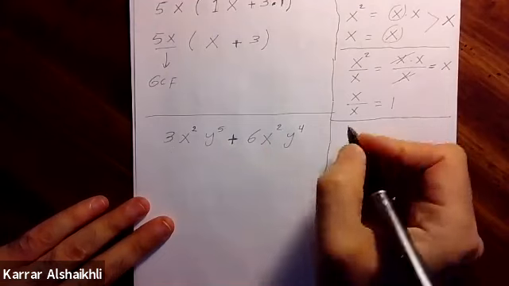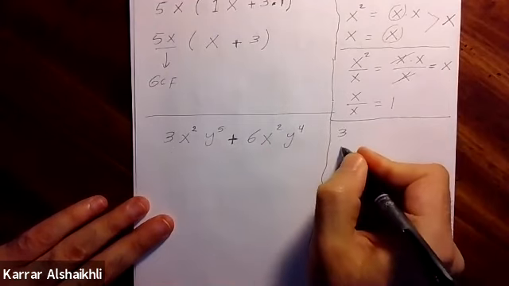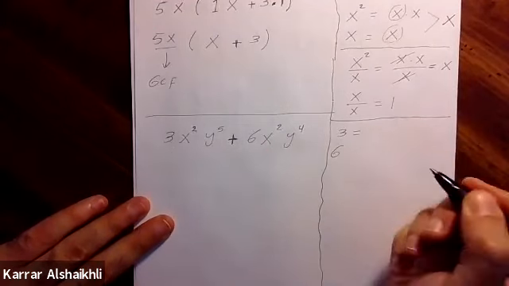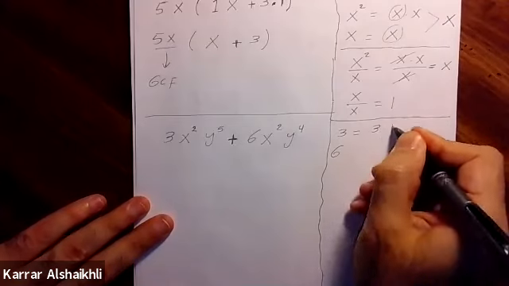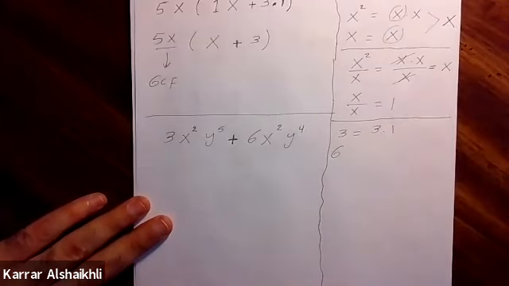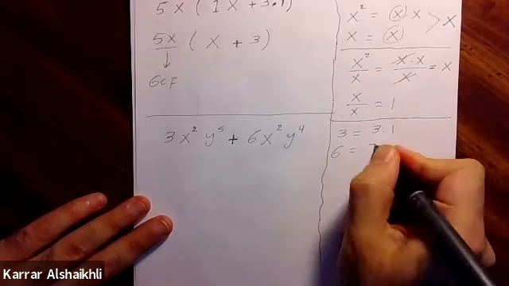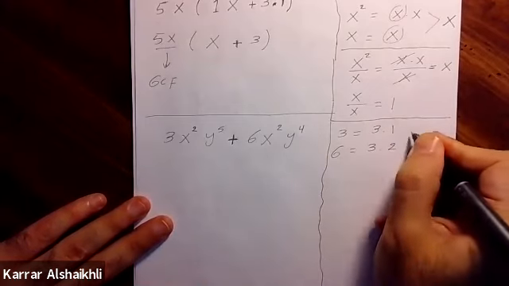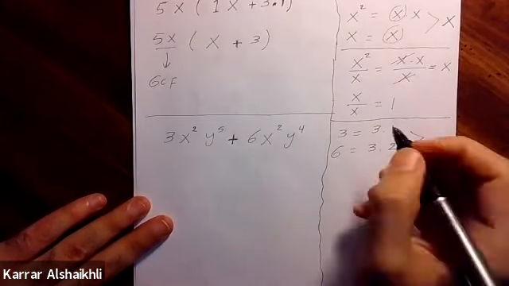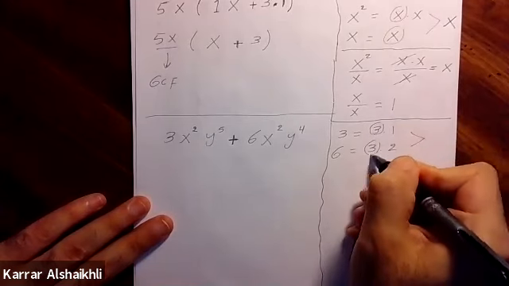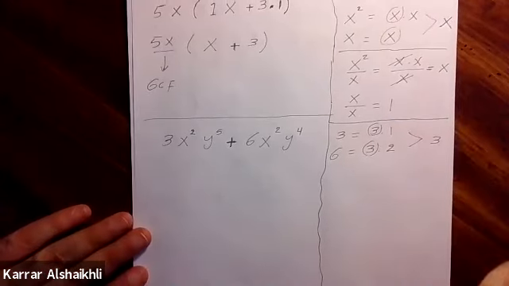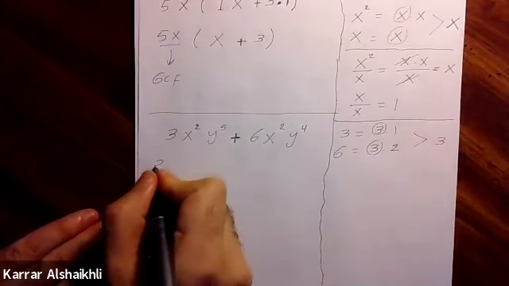The numbers, here is the 3, and here is the 6. The 3 is a 3 times 1. The 6 is a 3 times 2. That means the common is the 3. So I'm gonna write down the 3 here as a common.